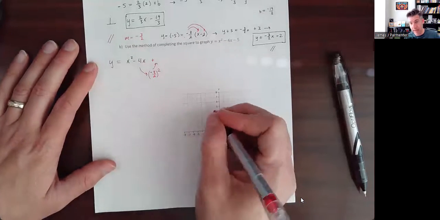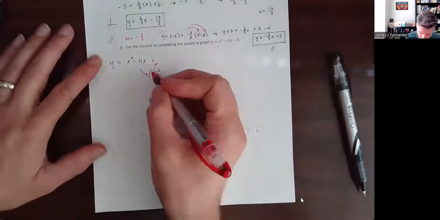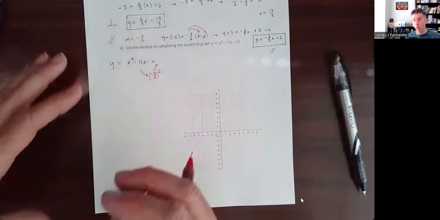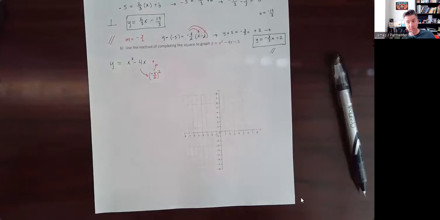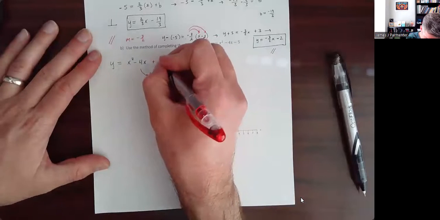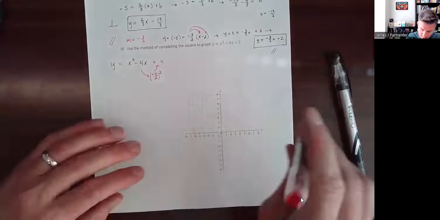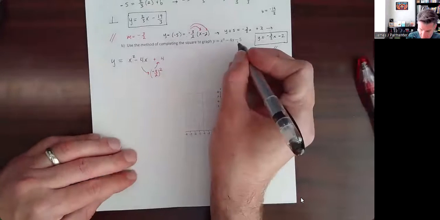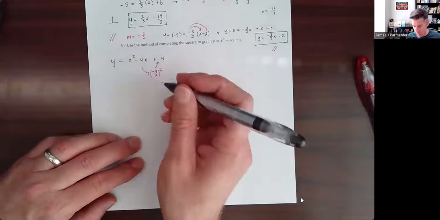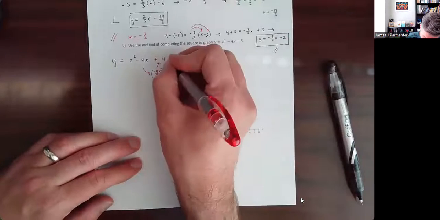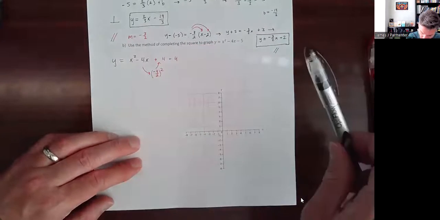And it's always going to be adding it because it's always going to be positive. -4 divided by 2 is -2, and -2 squared, or -2 times -2, is +4. Then you can either just say, well, I need to have a -5, so I need a -9 to account for that, or you can do what I did in class, which is to also subtract 4 and then put in the -5 there.